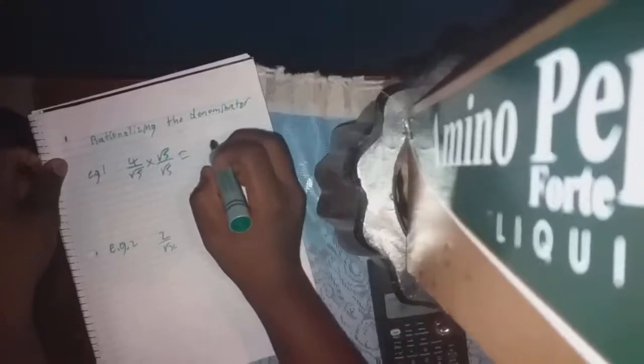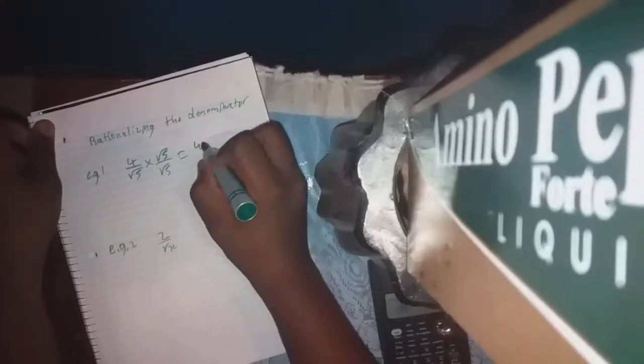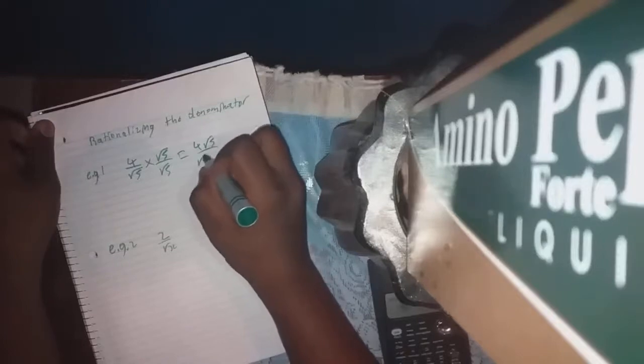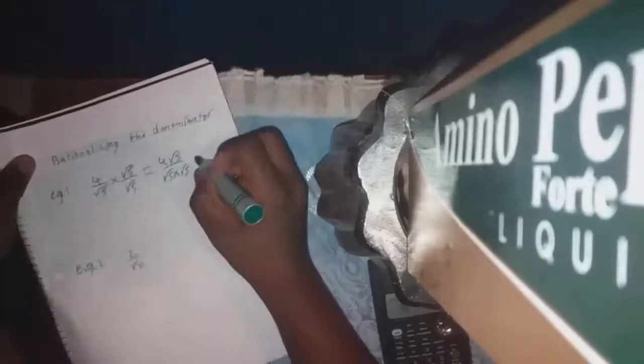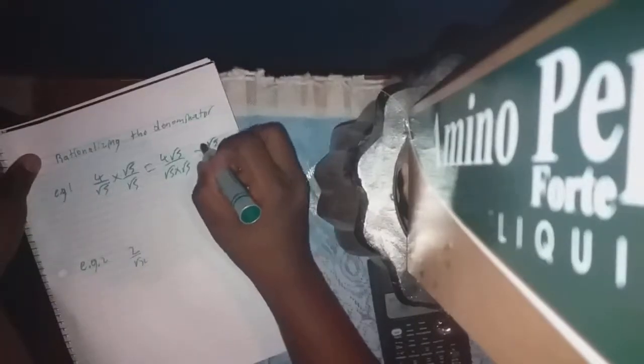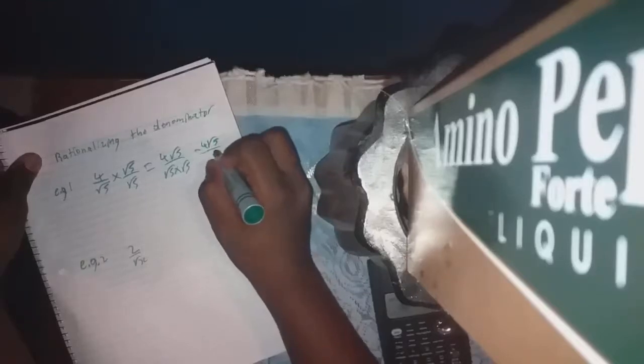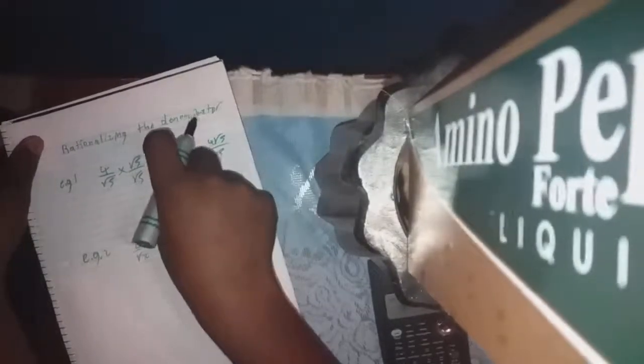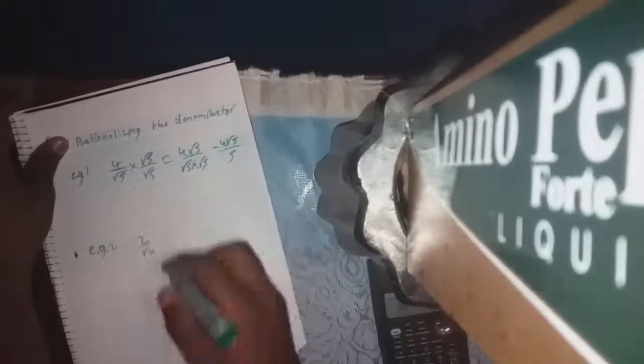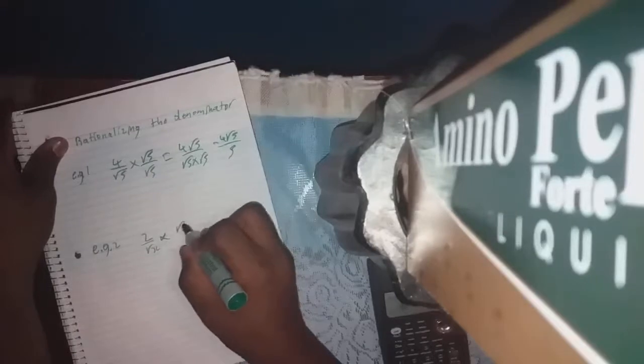Multiply this, and you'll get 4 root 5 over root 5 times root 5, which will just be 4 root 5 over 5. And so we rationalized the denominator. The purpose of rationalization is to change where the surd is. So we took it out of the denominator and put it into the numerator to make it easier to work with.